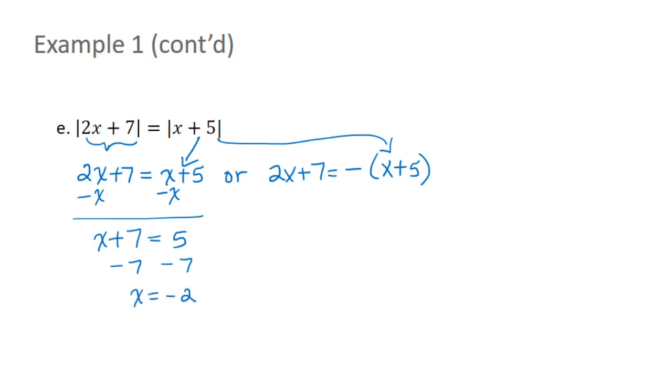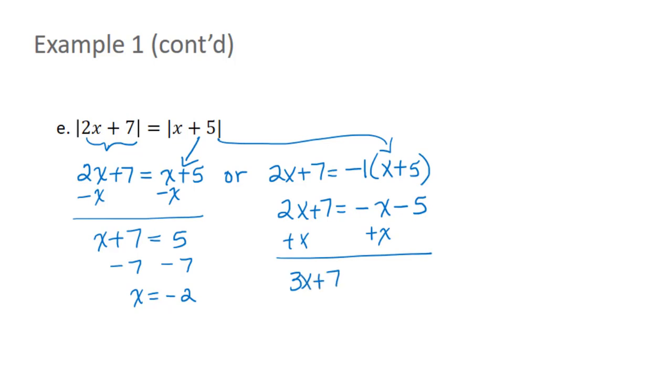And then for the second equation, 2x plus 7 equals the opposite of x plus 5. I need to distribute to get 2x plus 7 equals negative x minus 5. Remember, there's an understood negative 1. And now I can add x to each side. So I get 3x plus 7 is equal to negative 5.